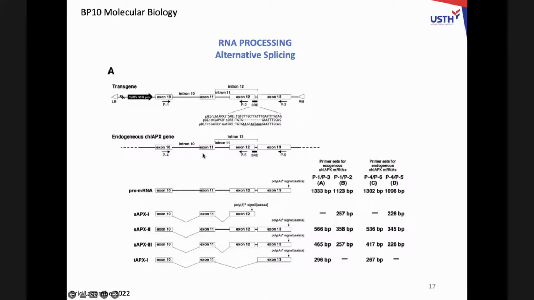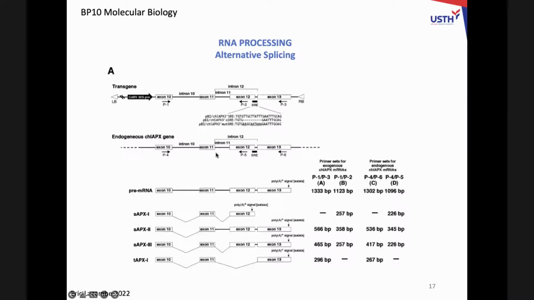Then just after exon 10, you find the coding sequence corresponding to exon 11. And then directly after, the protein sequence ending at exon 11 goes directly on to exon 13.